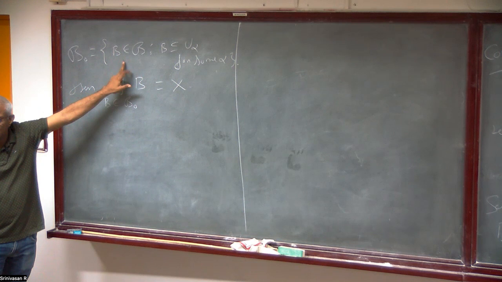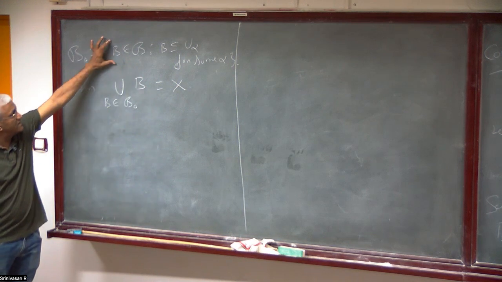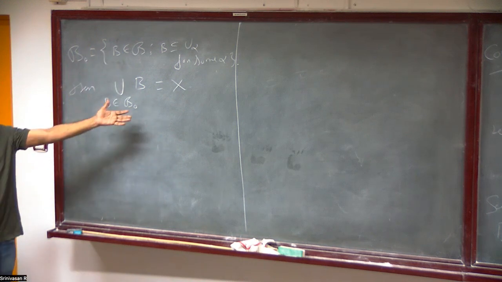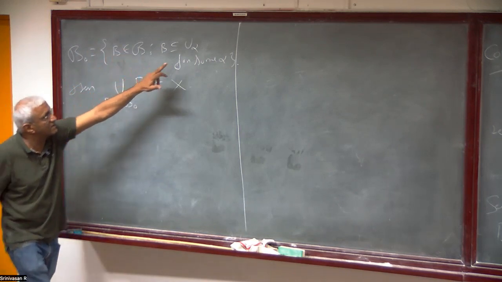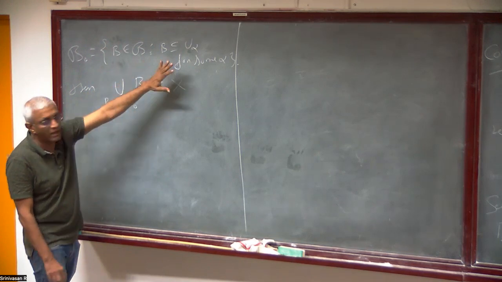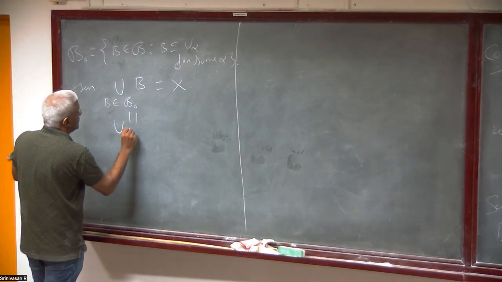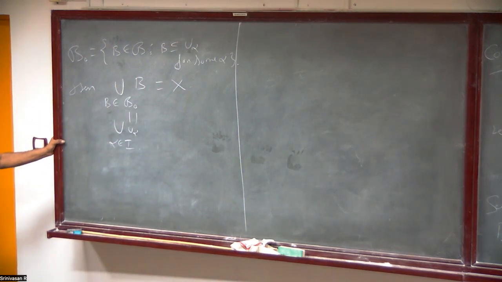Because B is a base, if you have any open U, you will have those basic sets contained in it whose union is that U. So all those B covering this U_alpha are contained here. When you take the whole union, that should give the U_alpha. So this is equal to the union of U_alpha.